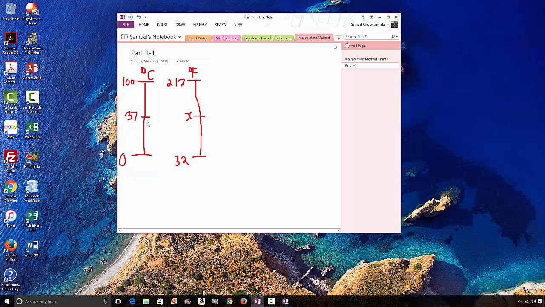So the interpolation method we now see will be, you do 37 minus 0 over 100 minus 0 equal to x minus 32 over 212 minus 32.